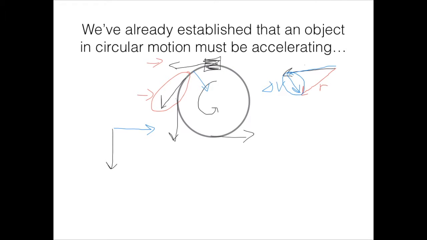So what is the vector that needs to be added to our initial vector? What's the change to end up getting that final vector? Well, it needs to go in this direction. And you'll notice that that vector between these two, the average acceleration, is that one right there, towards the middle.